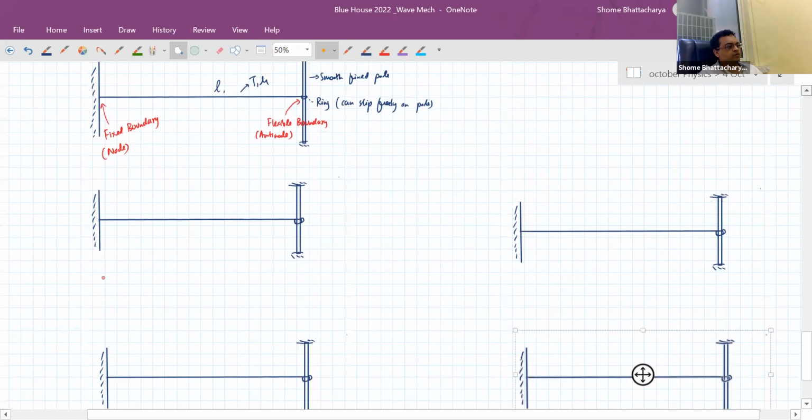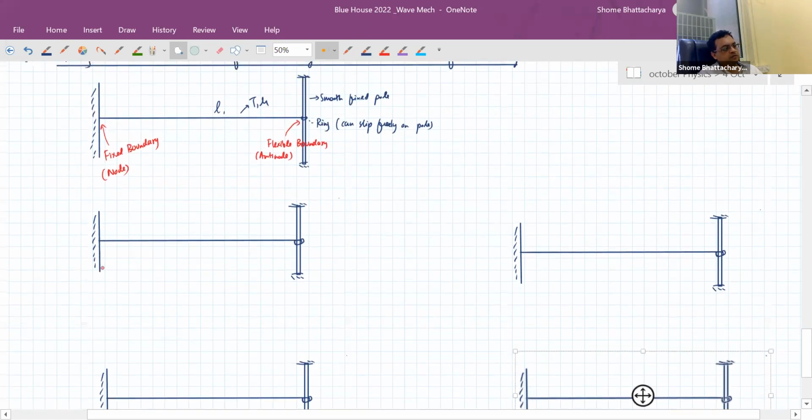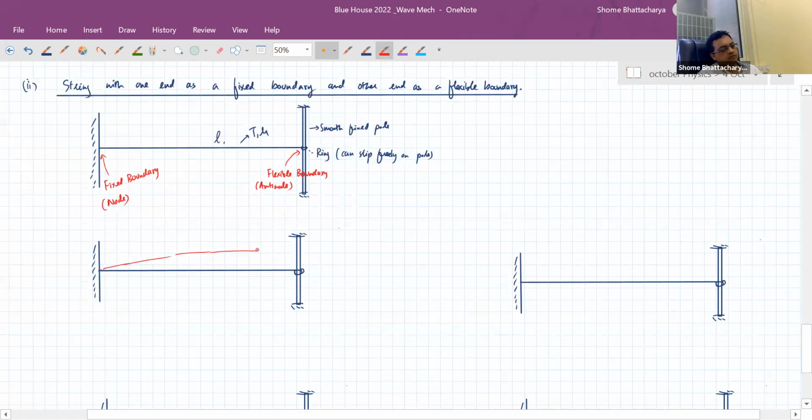It will look like this, where this ring oscillates between these 2 points. It's an antinode and there is no other node or antinode in between. So the length of the string becomes equal to lambda by 4 in the fundamental mode. So the fundamental frequency becomes 1 by 4L square root T by mu.